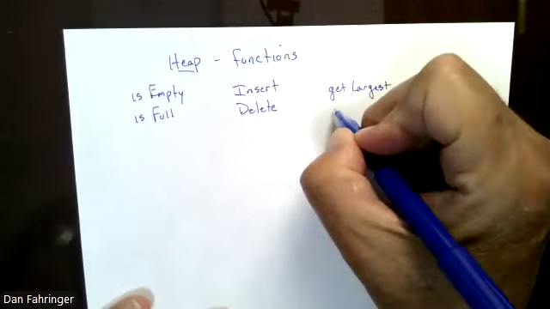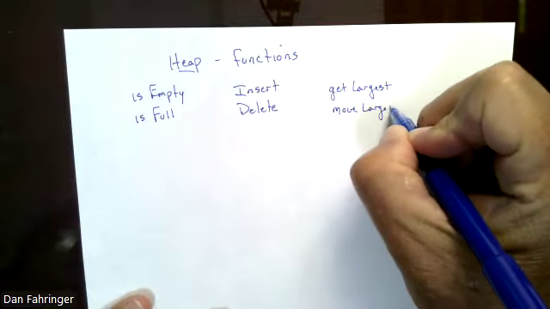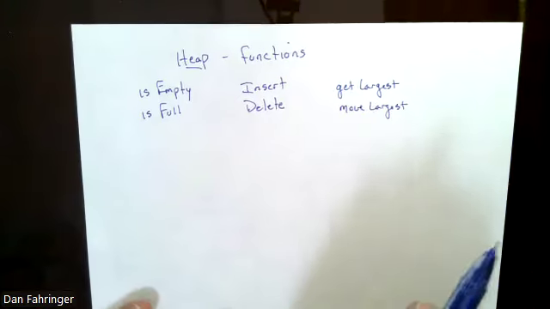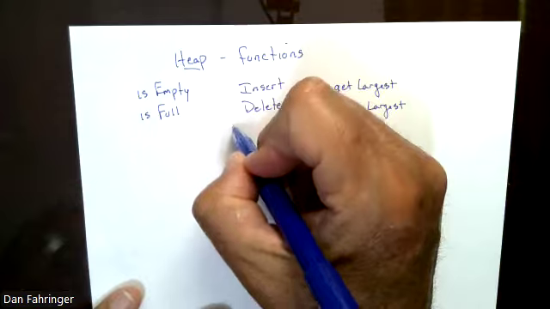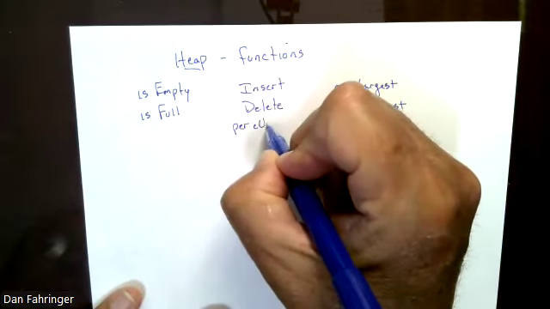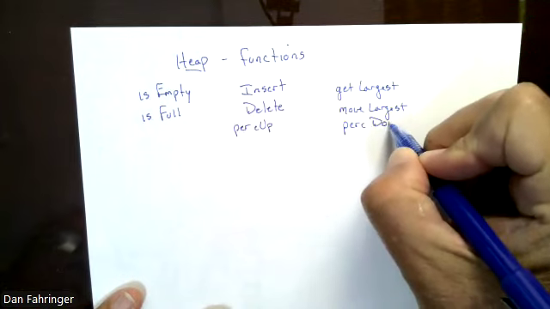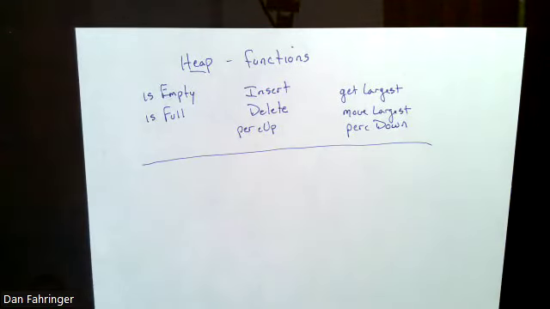And somehow I need to remove the largest. And again, I don't know if I need all these, and then we're going to have two more: percolate up, and percolate down. Every time I learn about a new data type, I'm going, should I, could I, do I need one, and so forth.